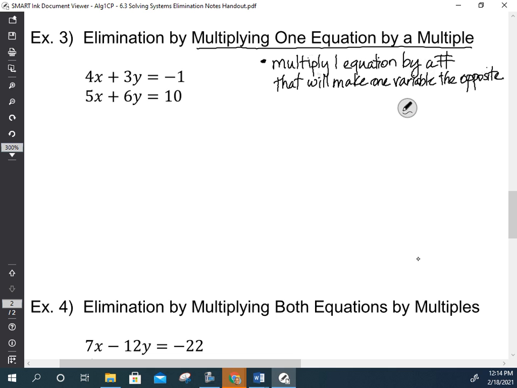So we're going to take the top equation and multiply it times 2. So if I take the top equation and multiply it times 2, 2 times 4 is 8, 2 times 3 is 6, and 2 times -1 is -2.